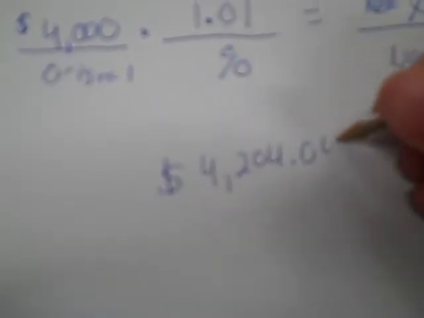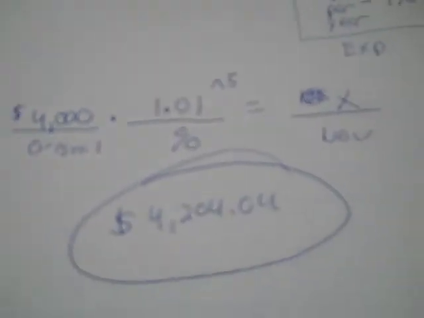Now that again is money, so go 2 digits out. $4,204.04. Again, because I repeatedly multiply by that every year, I just use the exponent for how many years I have.